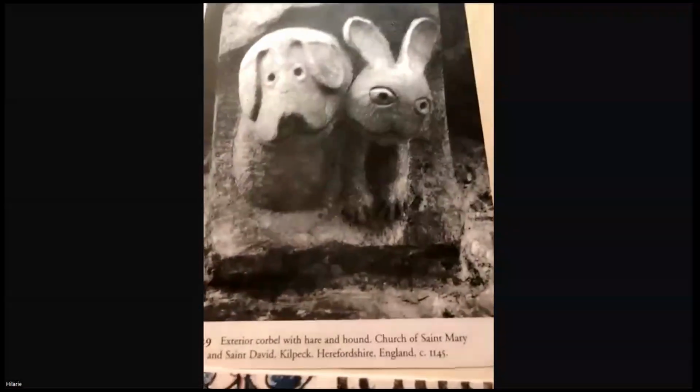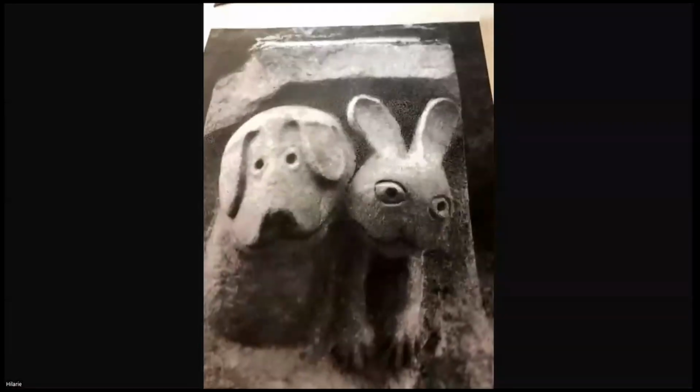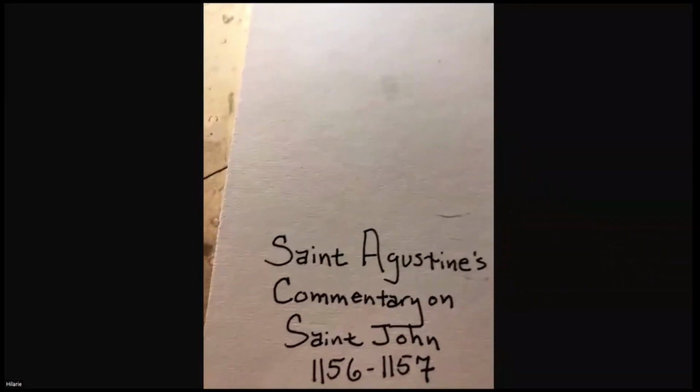They look like hand puppets to me. That's a 12th century church in Herefordshire, England, 1145. I just had to show you those because they're my favorite. I just exhale when I see them. They look down on people and keep them safe. Feels like Waldorf and Statler of the church. Yeah, they have that vibe.